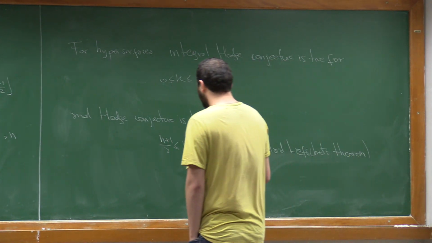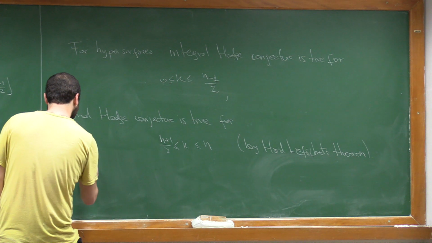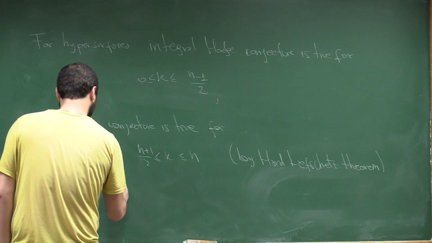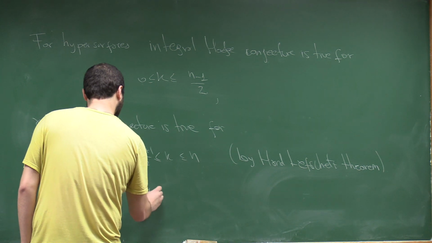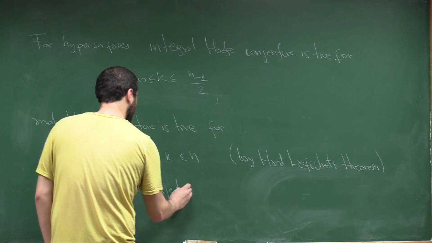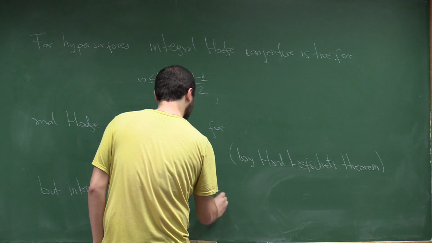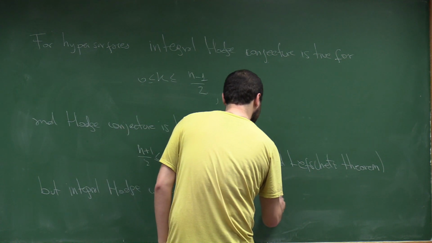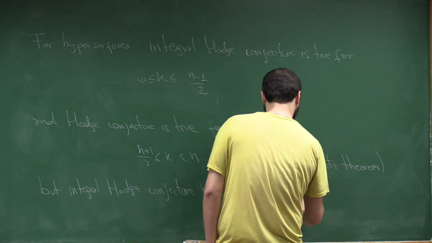But the integral Hodge conjecture is not true, it may fail for this case. And this is exactly what Kollár proved.